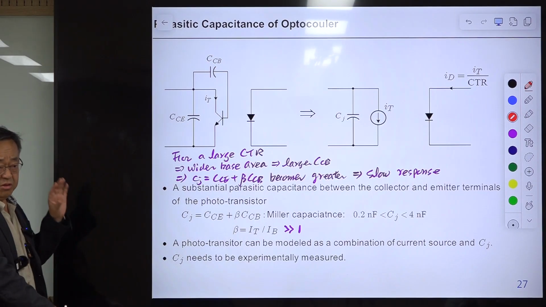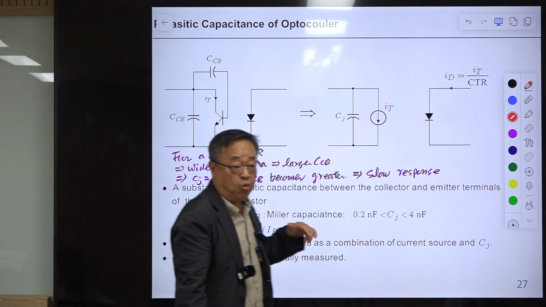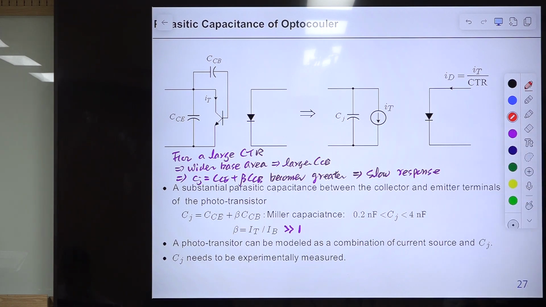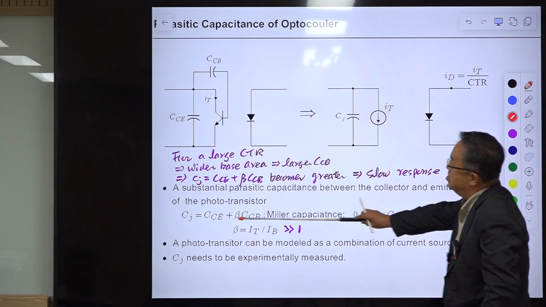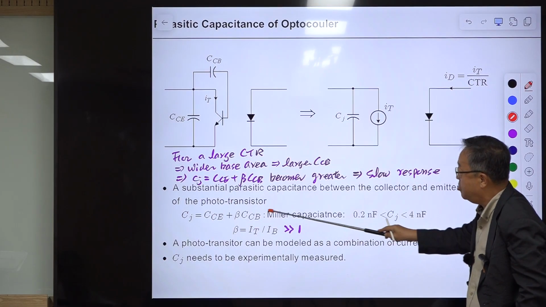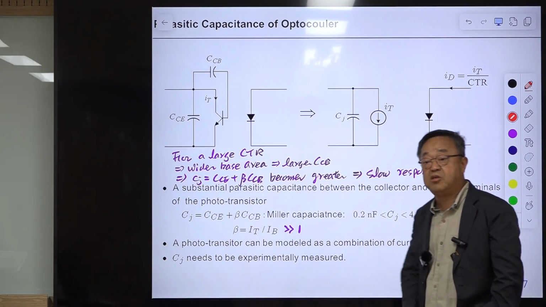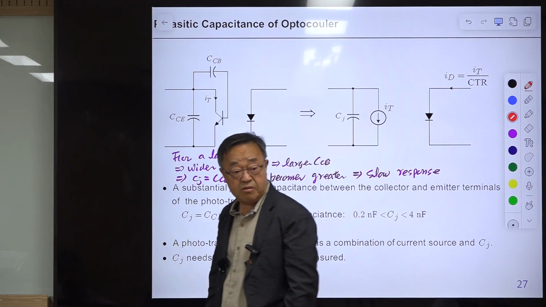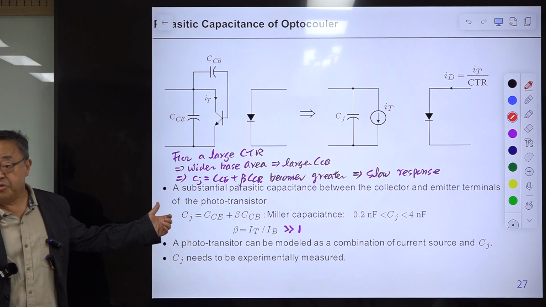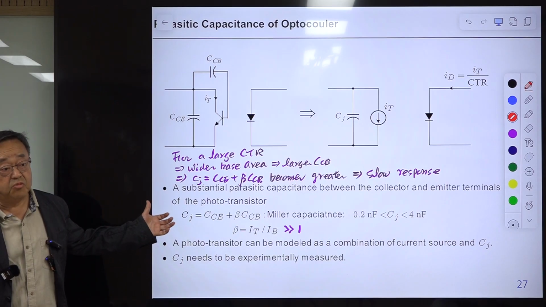Beta is the current ratio between the base current and the collector current. Usually beta is large, 100, 200, something like that. So CJ is this one plus this one magnified by beta. This effect is called the Miller effect. I don't know, the Miller, you know, the name of the beer, Miller.